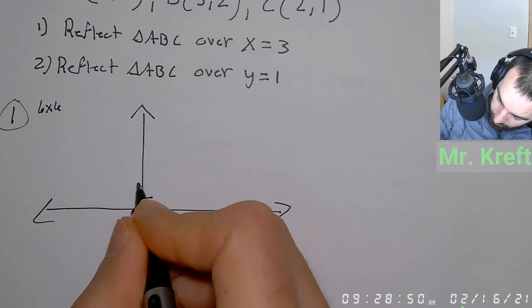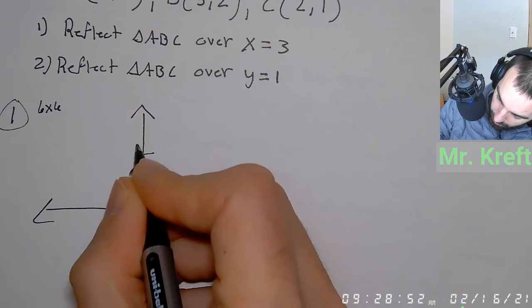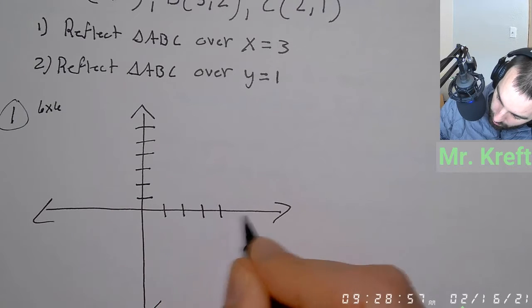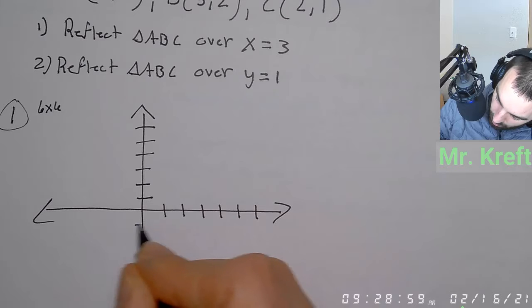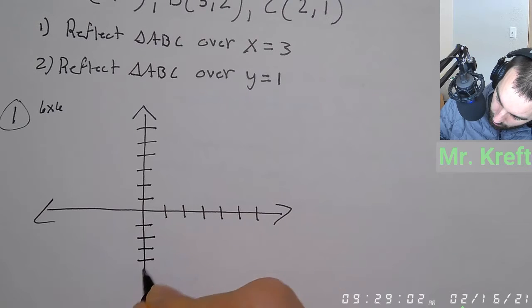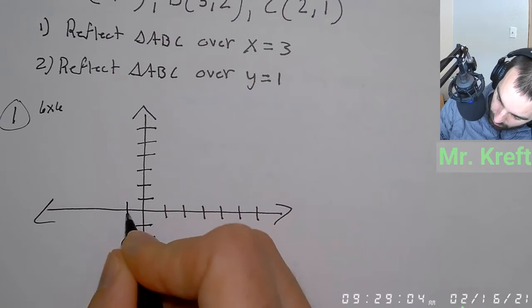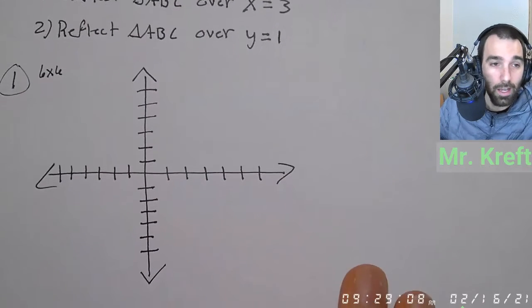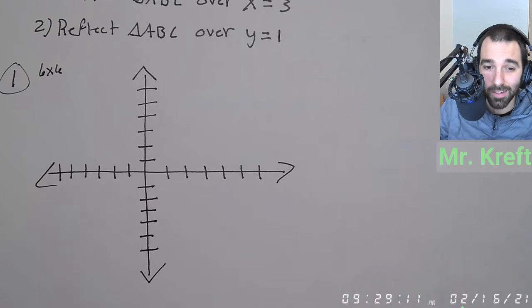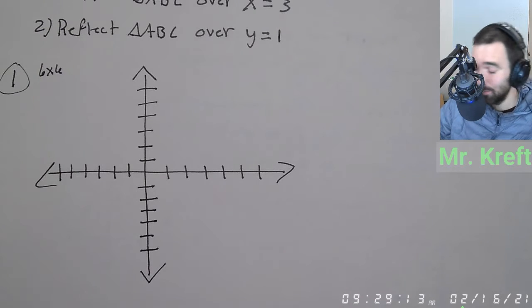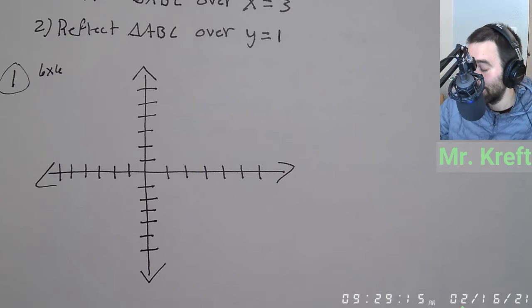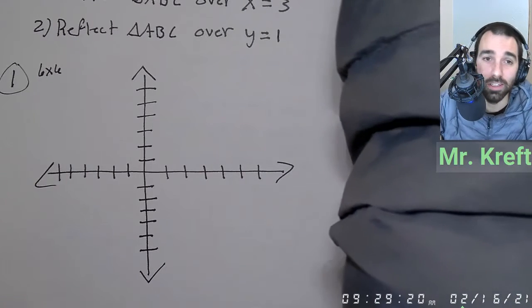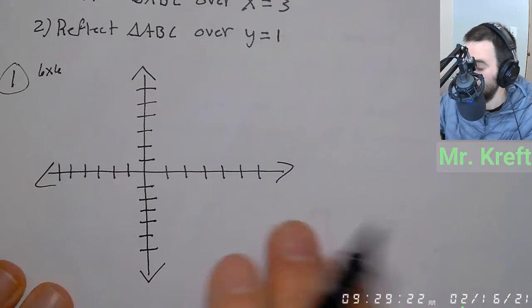So I'm going to have 1, 2, 3, 4, 5, 6 across and 1, 2, 3, 4, 5, 6 up. And again, I'm just eyeing this, guys. This is not graph paper. If you have graph paper, go ahead and use it. That's cool, but you don't need it. I'm not saying you need to go out and buy graph paper.